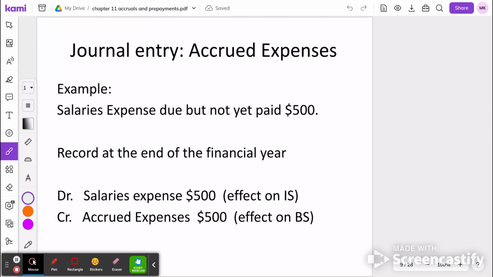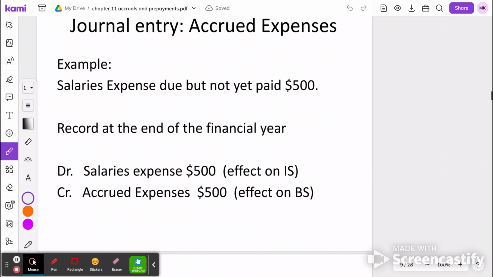So, for example, salary expenses due but not yet paid of 500. So you have to record salary expenses of 500 and accrued expenses of 500. Of course, the expenses here will increase your expenses in the income statement, and your accrued expenses will increase your current liability in the income statement.